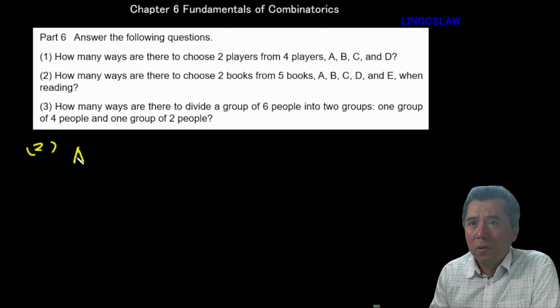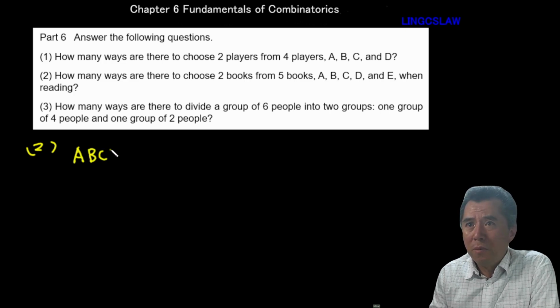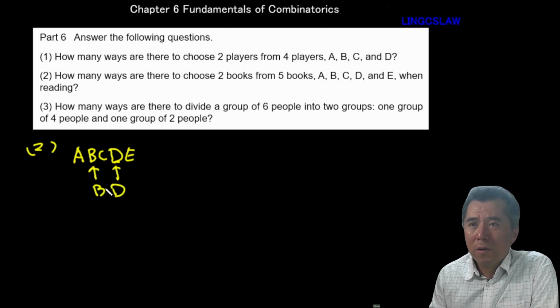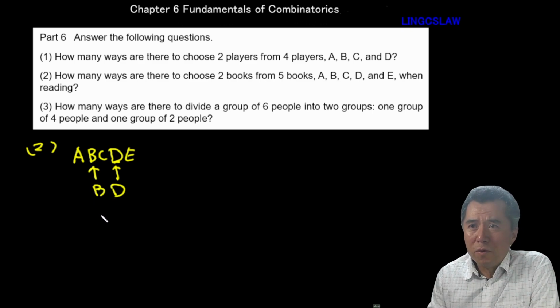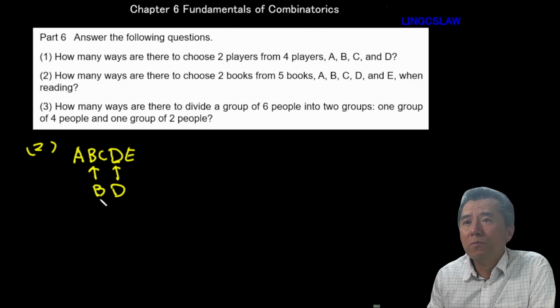You will choose 2 books from A, B, C, D, E. Let me say B and D. And the order of your choice doesn't matter. So B and D and D and B is the same.